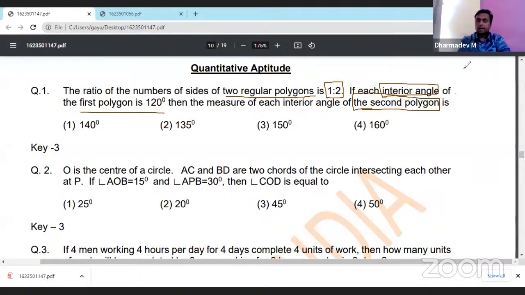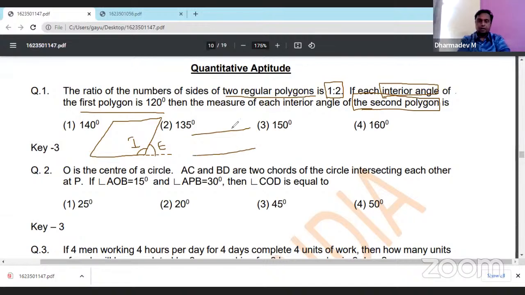Look, if I have a shape, for example a square or a polygon, and I have an angle over here, this is the interior angle and this is the exterior angle.